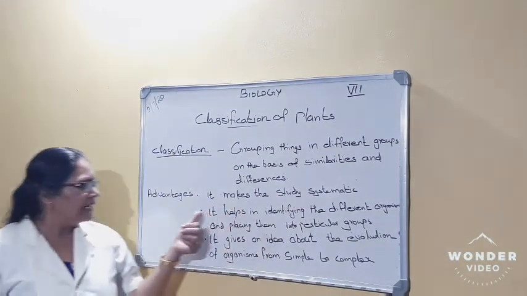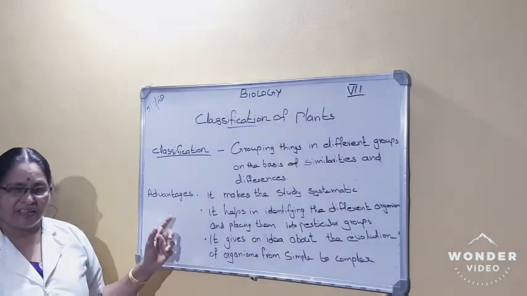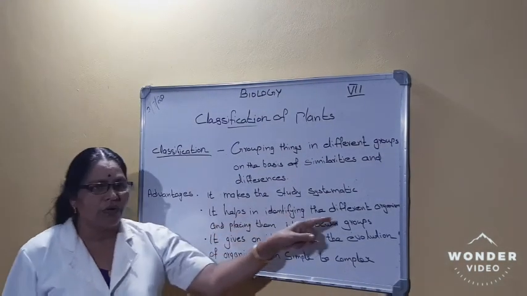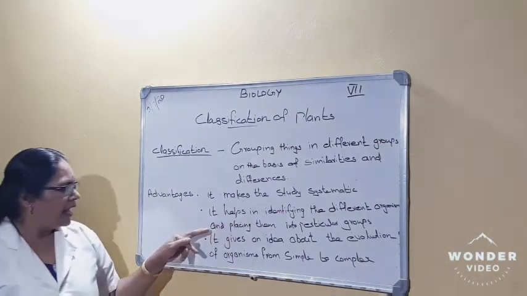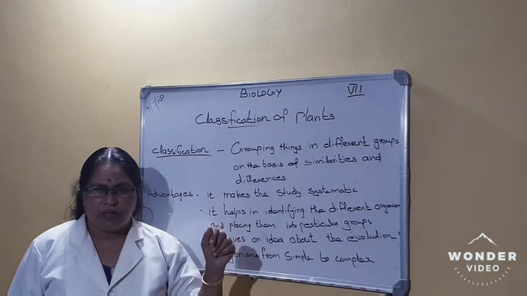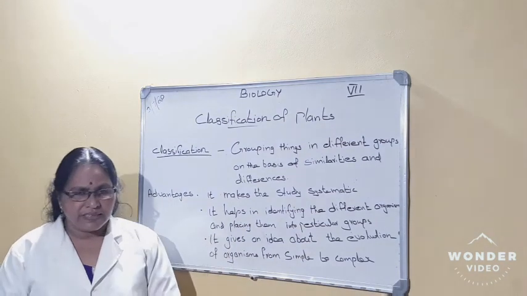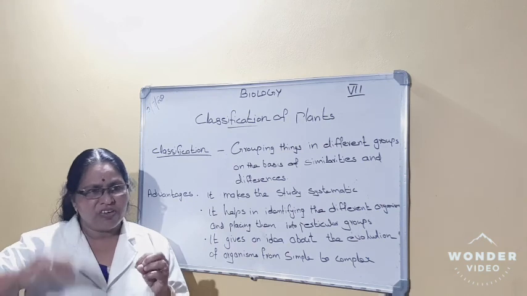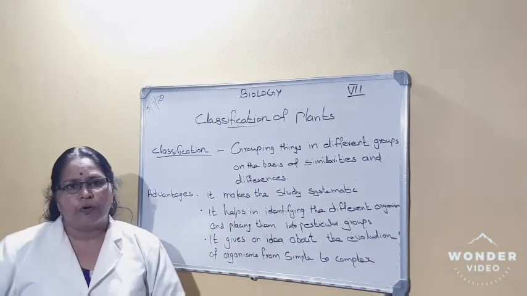Okay. Then the second advantage of classification is it helps in identifying the different organisms and placing them in particular groups. If we are classifying the things, we are trying to arrange an organism in a particular group.